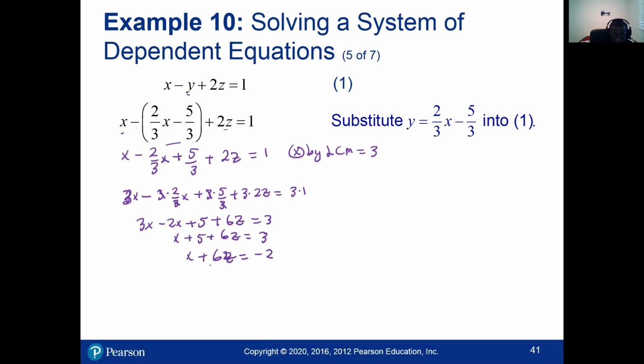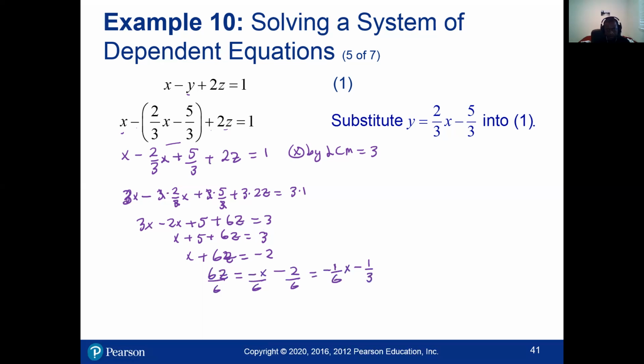Okay, so then we are solving for z. All right, remember we're solving for z. So we move x to the other side, and we get 6z is equal to minus x minus 2. Then divide both sides by 6, which is the same as minus 1 over 6 x minus 1/3.